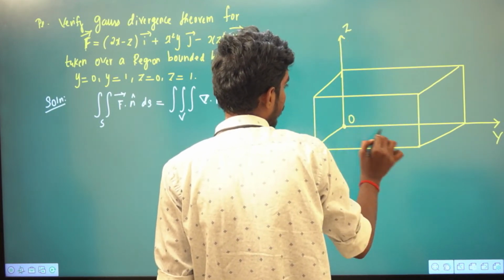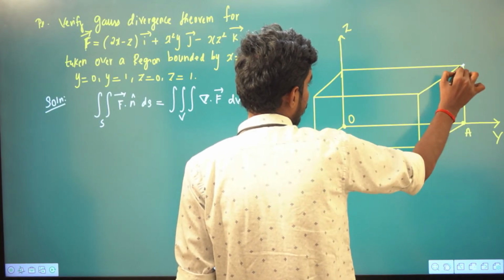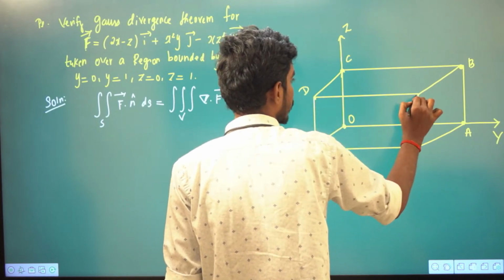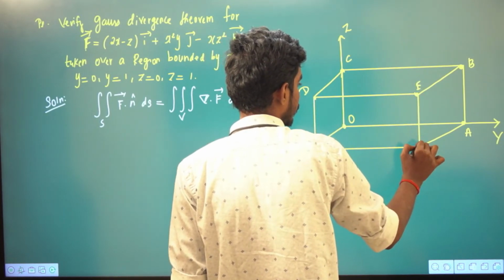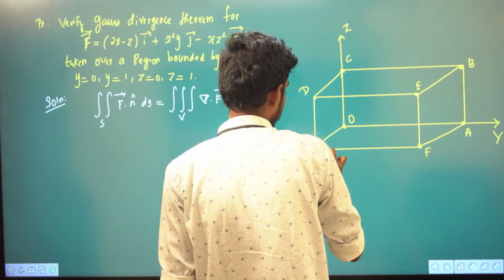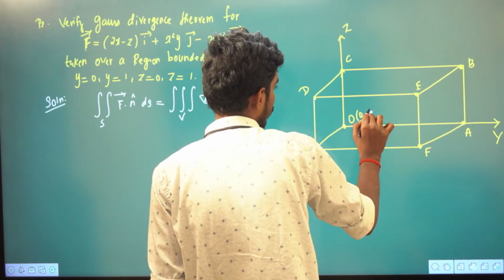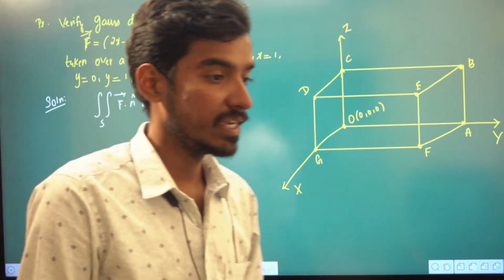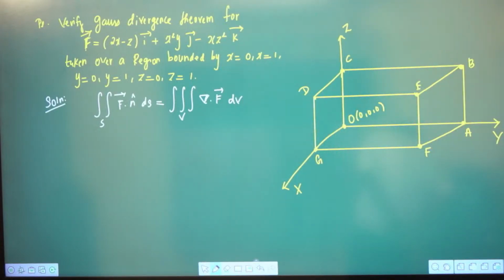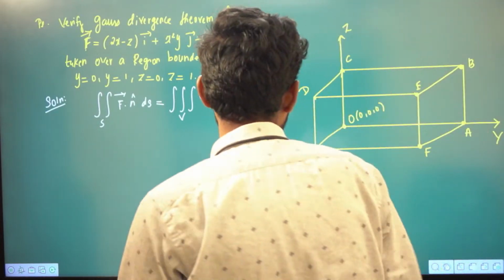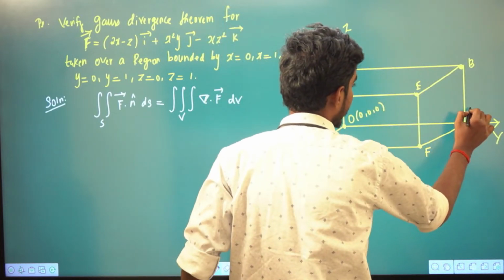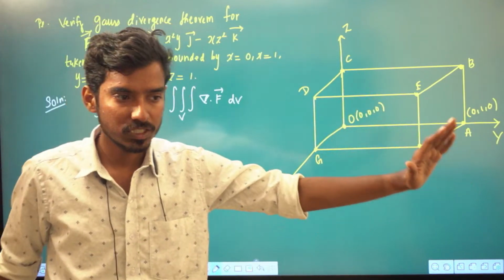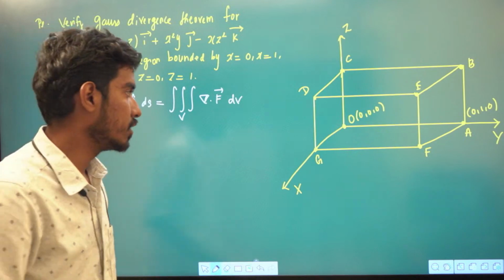This is the origin, right? Let's call this A, B, C, D, E, F, and then G. This is origin 0, 0, 0. Now here you can see everything is bounded by 1 only. X varies from 0 to 1, Y varies from 0 to 1, Z also varies from 0 to 1. If you are moving b units in Y, it will be 0, b, 0. But here we are moving only 1 in Y.